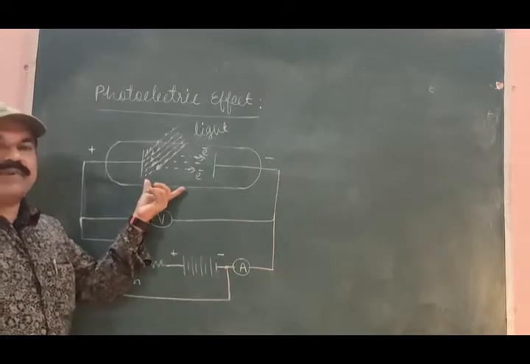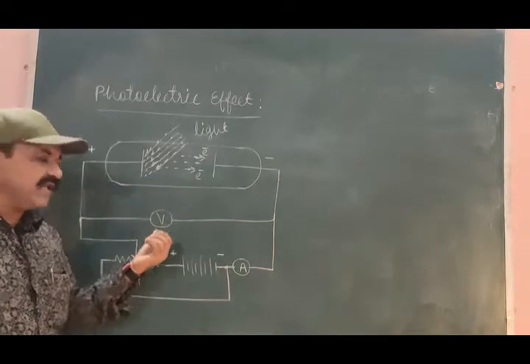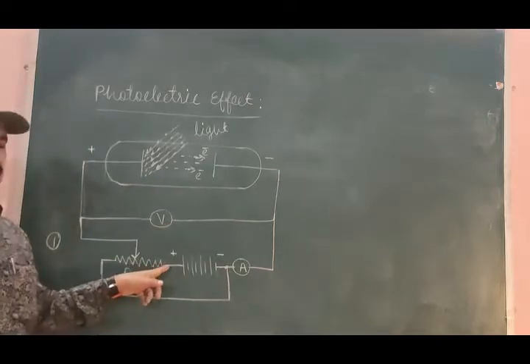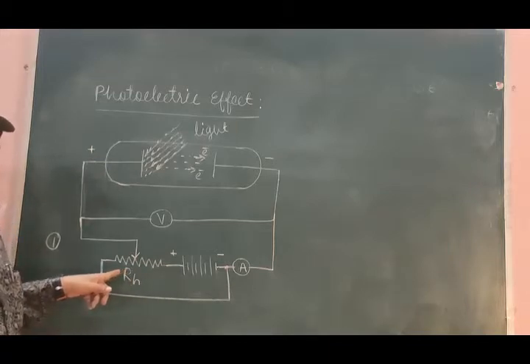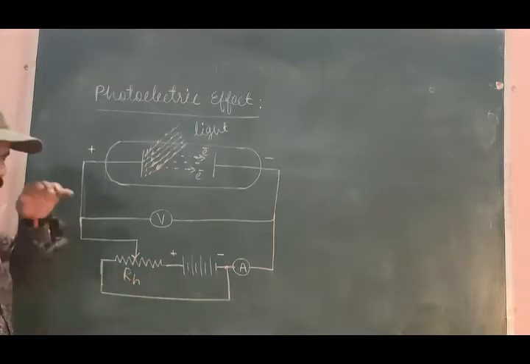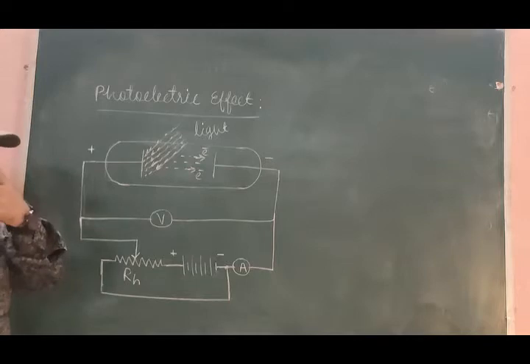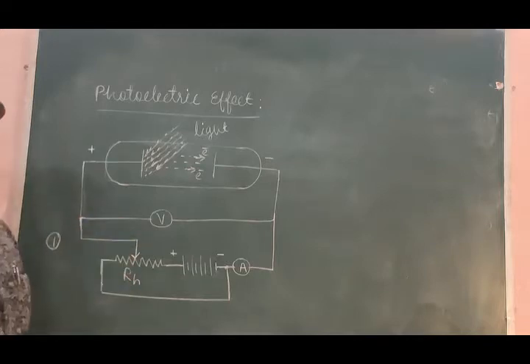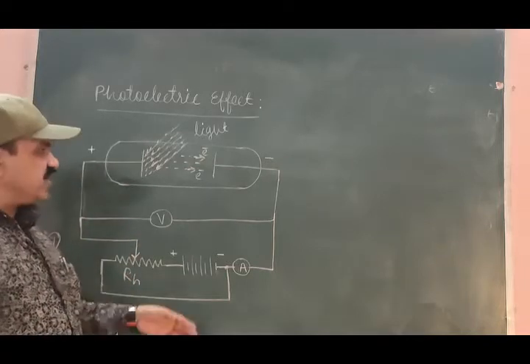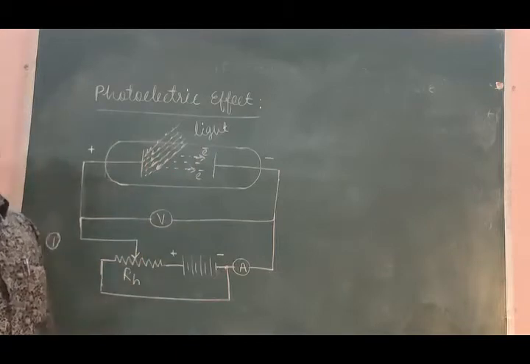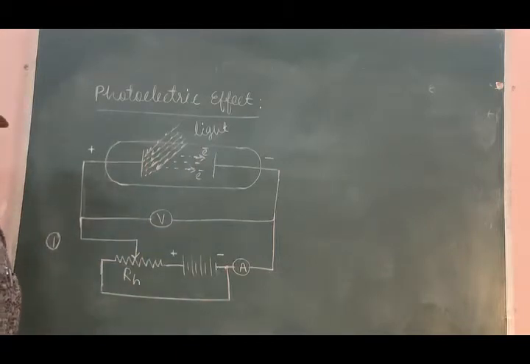Reverse bias applied to this photocell can be changed with the help of this rheostat. This rheostat is used to vary the retarding potential or reverse potential applied to this photocell.